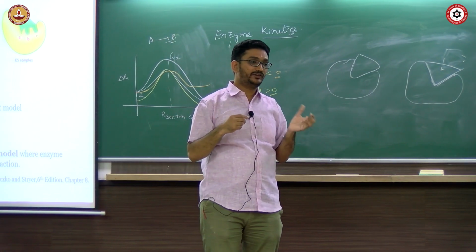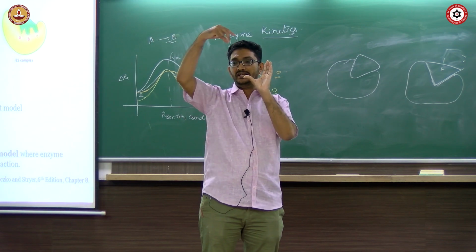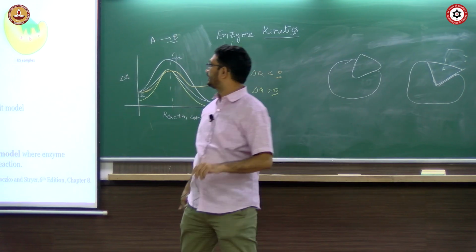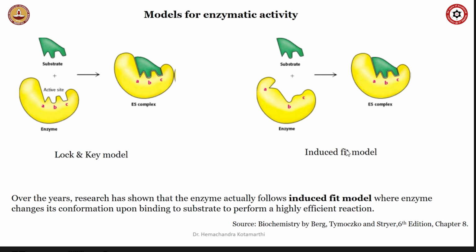Whereas in the induced fit model, the enzyme is very flexible around the active site, and it can modify its shape to fit a particular substrate. For example, this is how it was initially, and it has changed its shape to fit that particular thing. A lot of enzymes actually follow this induced fit model.